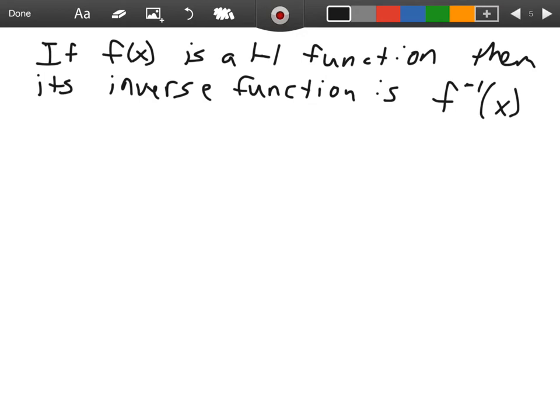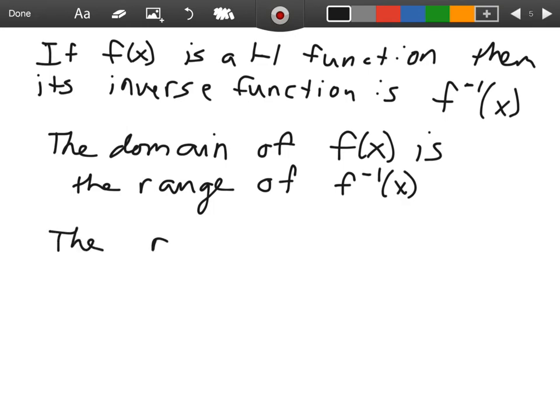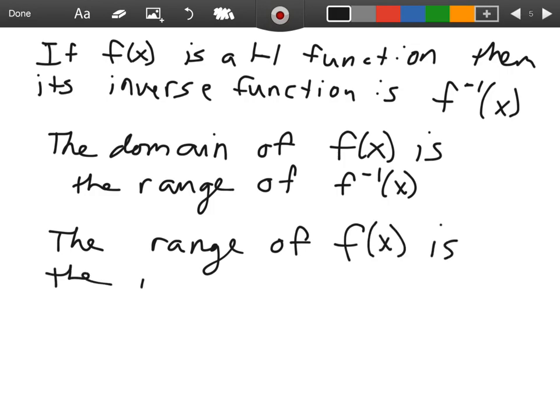So what that says is the domain of f of x is the range of f inverse of x. And the range of f of x is the domain of f inverse of x.